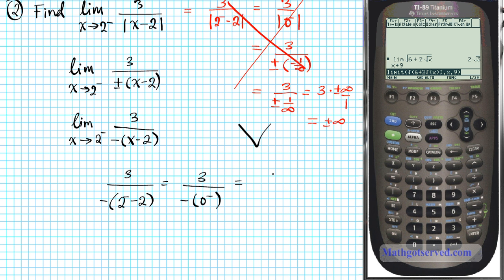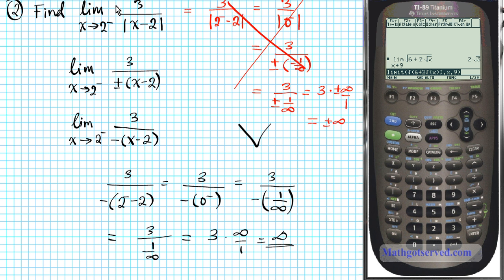This becomes 3 over negative 1 over infinity. Actually, it is negative 1 over infinity. Simplify that to get 3 over 1 over infinity. And then you multiply the numerator by the reciprocal of the denominator, and then you get infinity. Okay, so you see how painful and involved the process is.